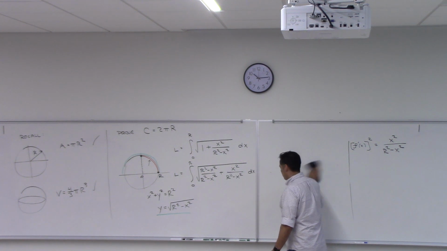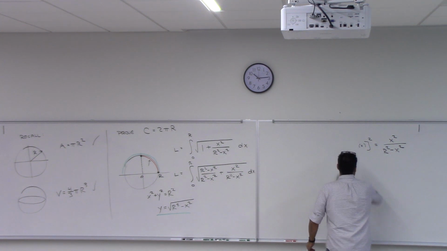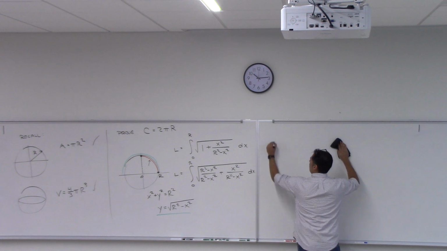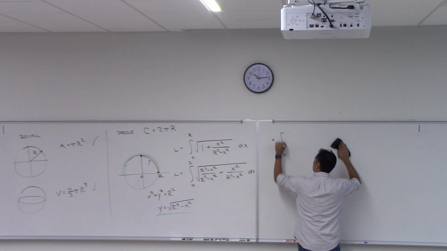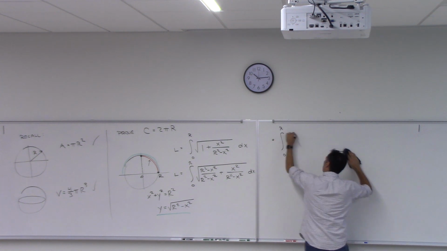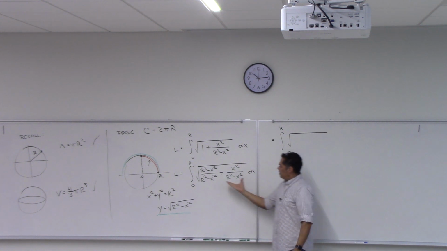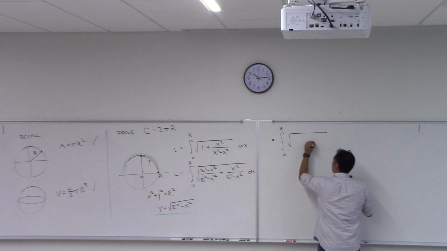I didn't have to show that step, did I? I'm going to anyway. All right, equals integral 0 to capital R, square root of. All right, when we put these together, they'll have the same denominator.